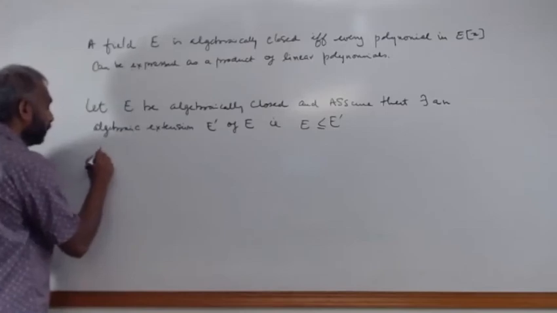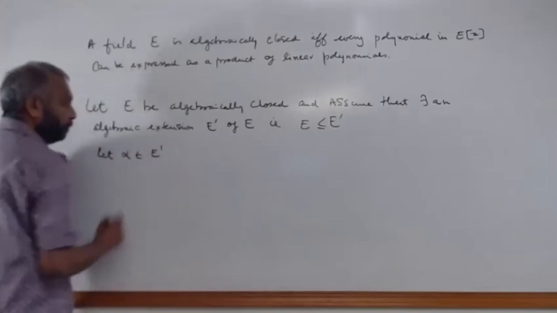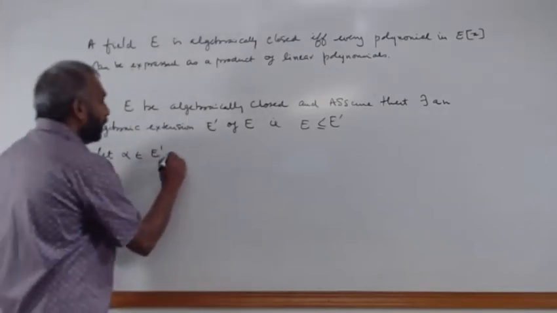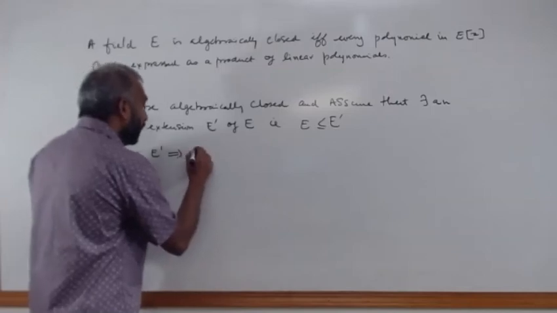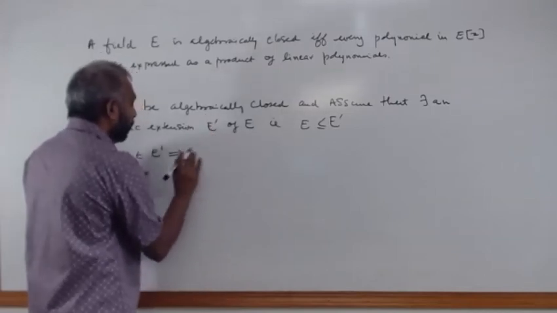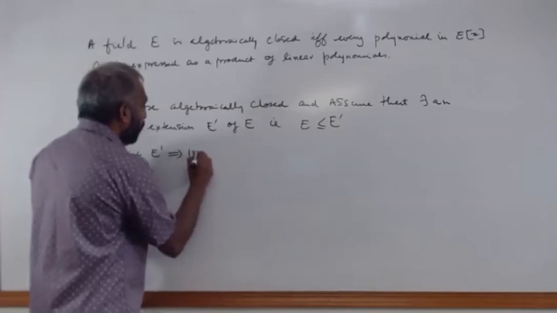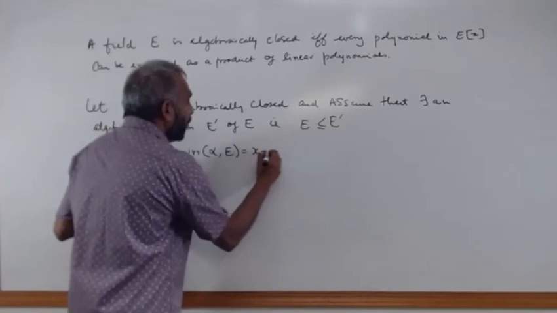Then let alpha belong to E prime. That implies there exists an irreducible polynomial, right? And that irreducible polynomial of alpha over E is nothing but x minus alpha.